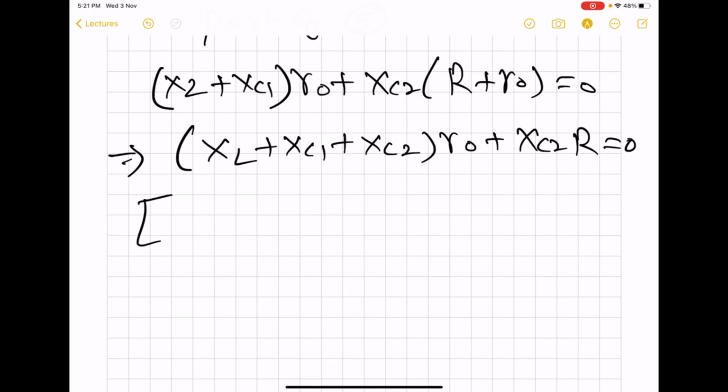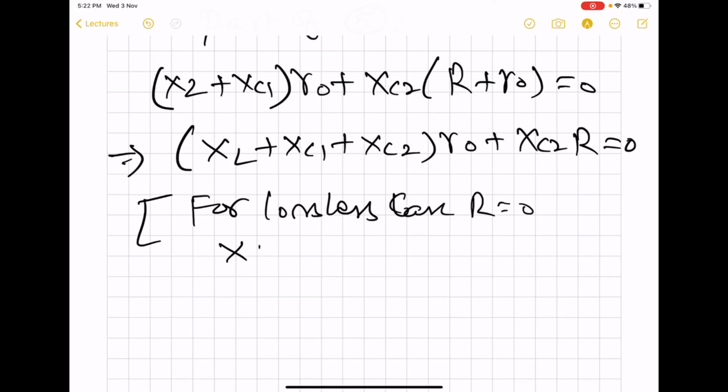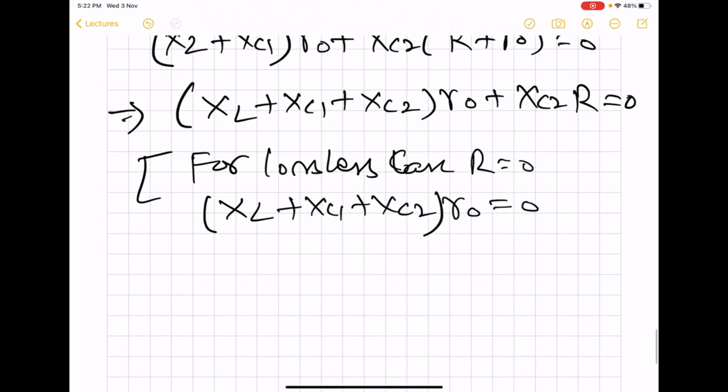But if we put in the lossless case, R is going to be 0. So this will imply XL plus XC1 plus XC2 into R naught is equal to 0. So we have already encountered this equation when we analyzed Colpitts for the lossless case using the feedback model.